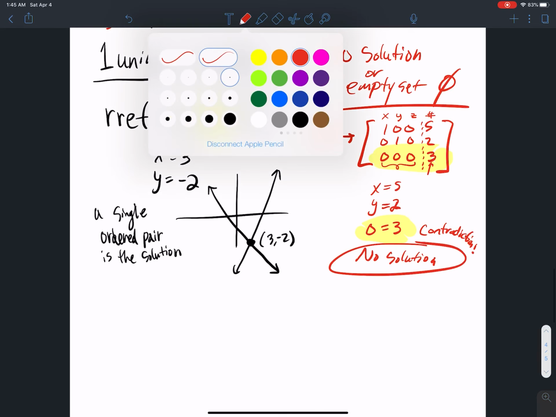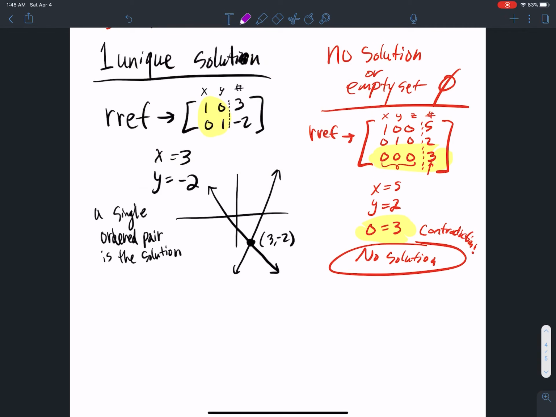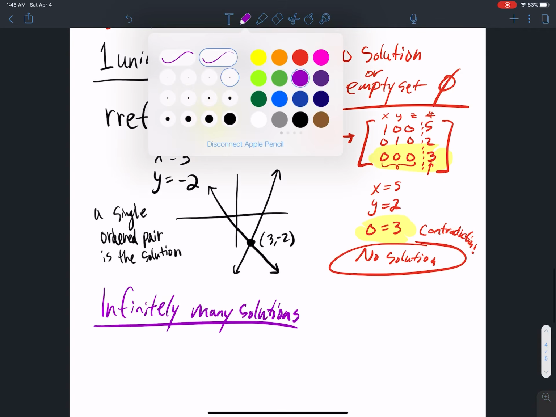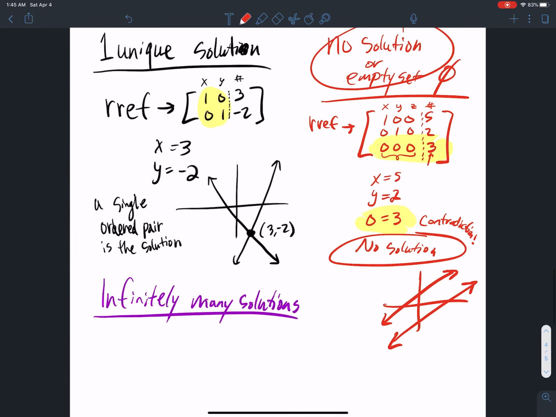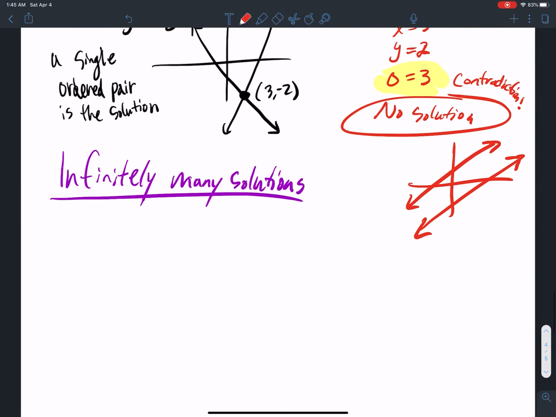The last type, the most interesting one, is when you have infinitely many solutions. So with this red one here with no solution, this would be like an example where I have two parallel lines. Never do they cross. Okay, they don't ever cross. They never intersect, so there's no solution. That would be in a two-plane space.